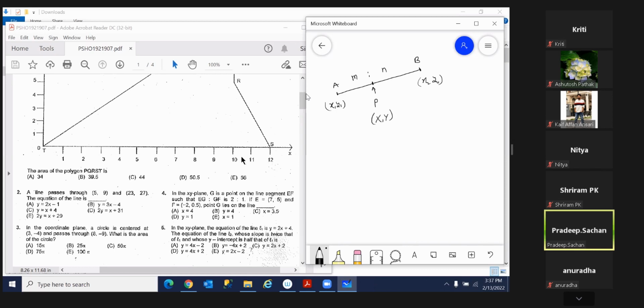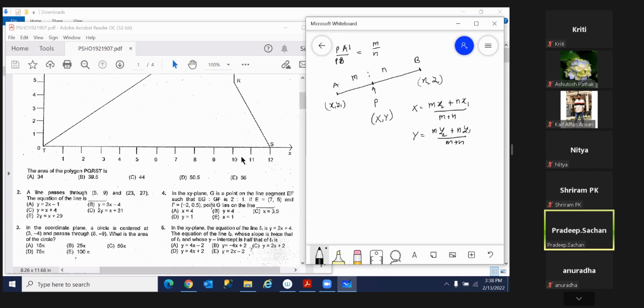Means PA by PB is m:n. So to find the coordinate of point P, x value will be (m x2 plus n x1) divided by (m plus n), and y value will be (m y2 plus n y1) divided by (m plus n). This is the formula to find an internal point coordinate dividing my line segment in the ratio of m:n. Now we will read the fourth question and understand the concept.